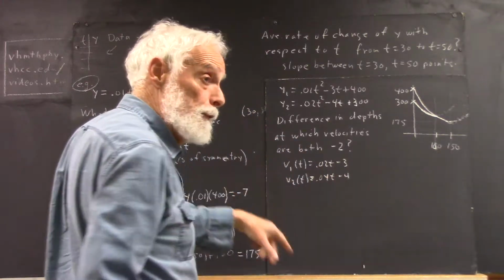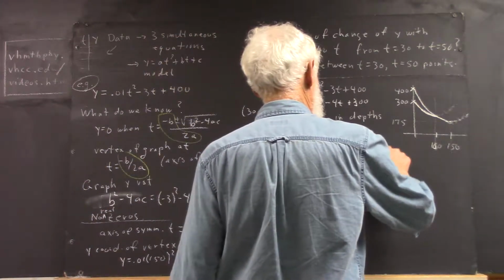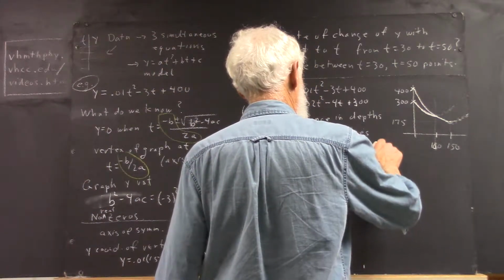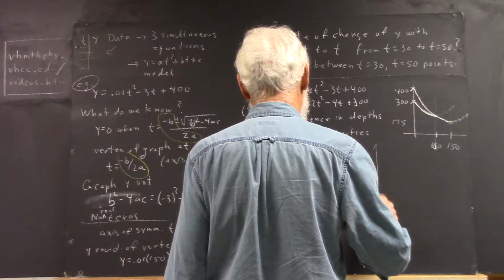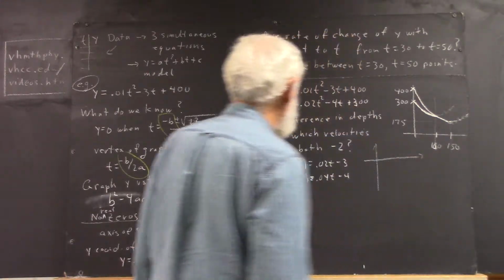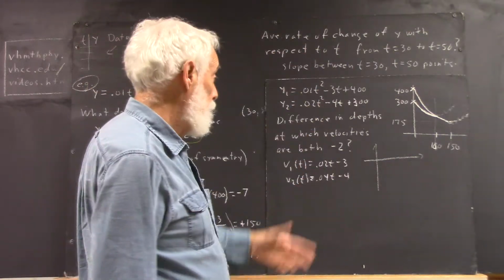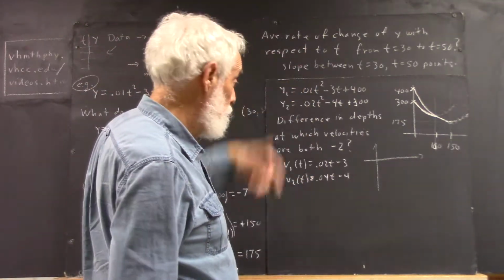Now, these are linear functions. We haven't talked about linear functions with respect to this model, but let's just see what the graphs of these linear functions would look like. Now, both velocities are going to be negative because water's going down and because that's what the rule tells us here.